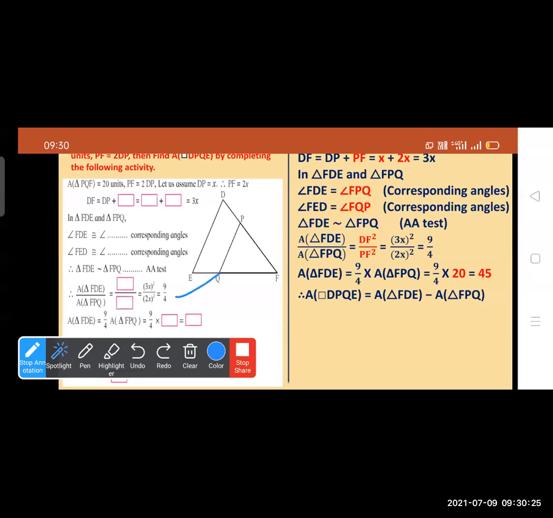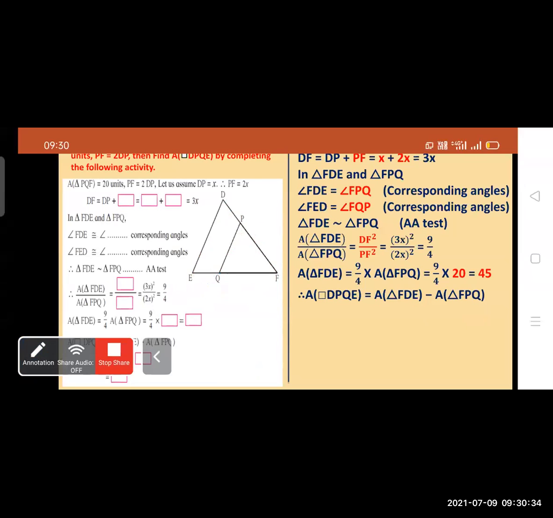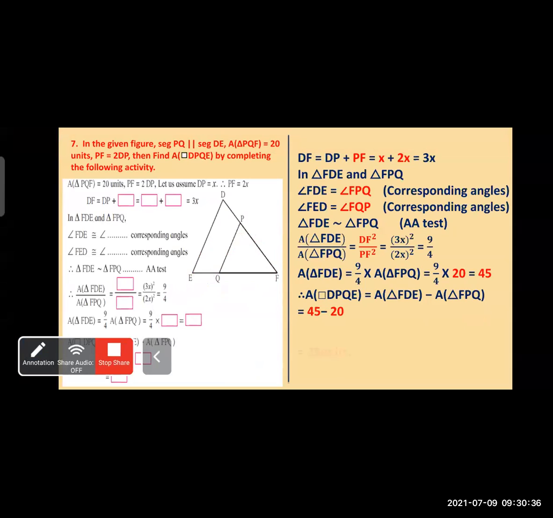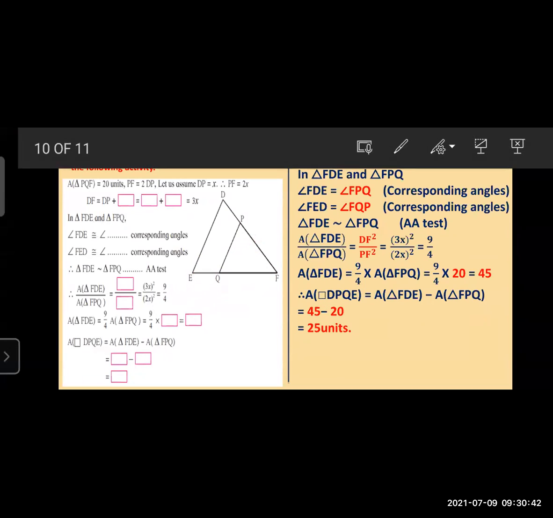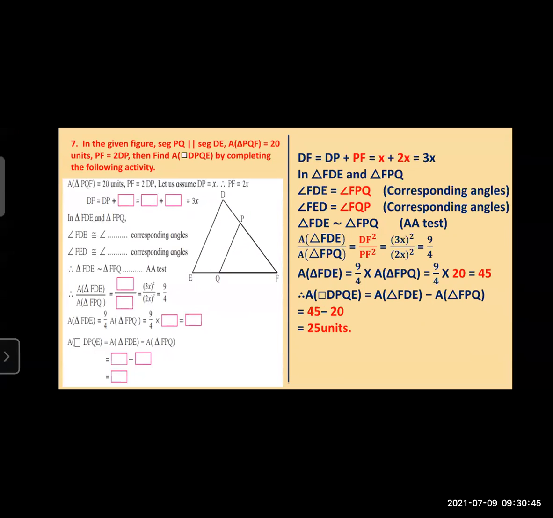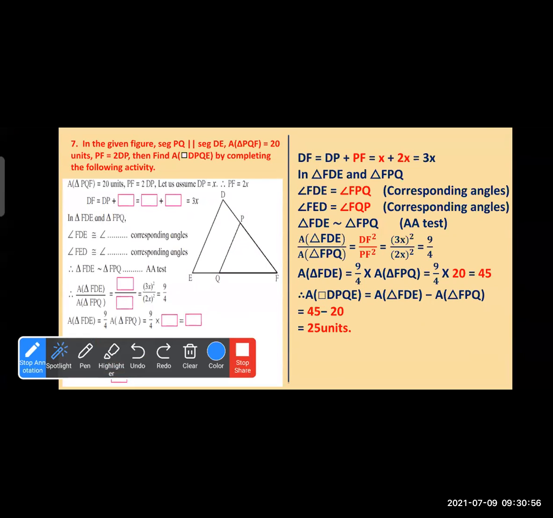So we take the area of triangle DEF minus the area of triangle PQF, and we get the area of the quadrilateral DPQE. So 45 minus 20 is equal to 25.